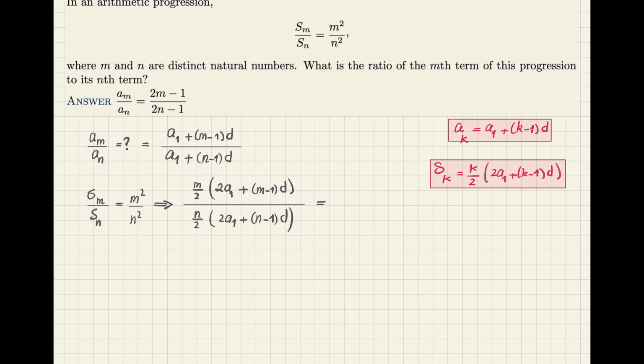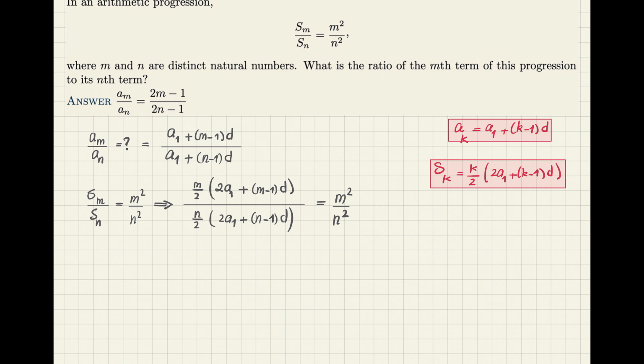This is equal to m squared over n squared. What I have done is copy and paste this part here, and instead of s sub m and s sub n, I use this formula to rewrite the left hand side fraction in this form.